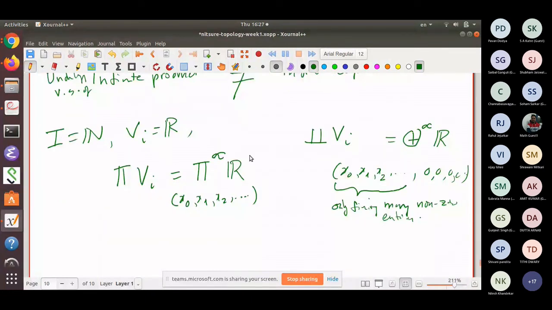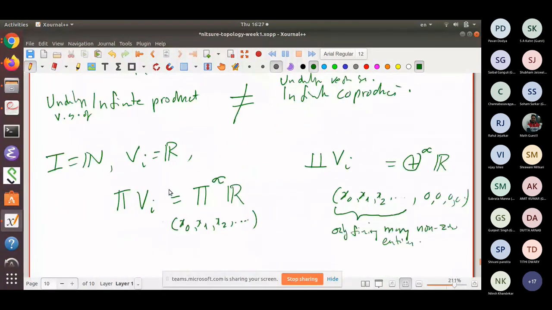And you check, as an exercise in linear algebra, that this behaves like a product. And what is the projection? Projection sends this to x_i. This is the projection pi.